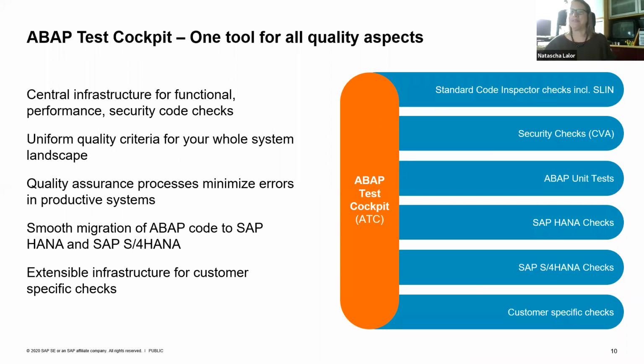If it's new to you, unfortunately we don't have much time to cover this, but basically the Code Vulnerability Analyzer is part of the ABAP Test Cockpit, which is very nice, because you can use all the features that come with the ABAP Test Cockpit.